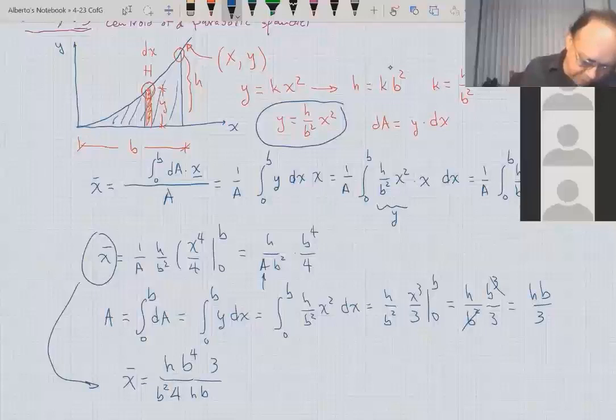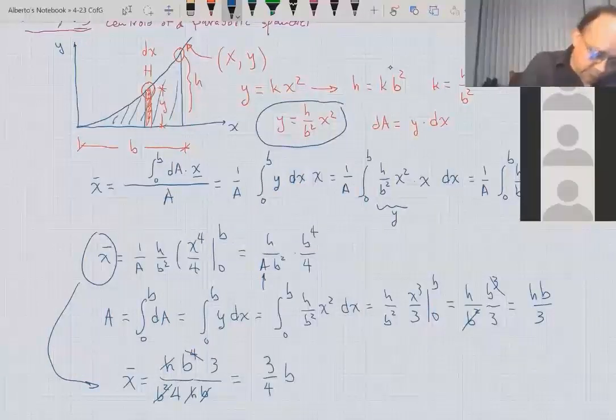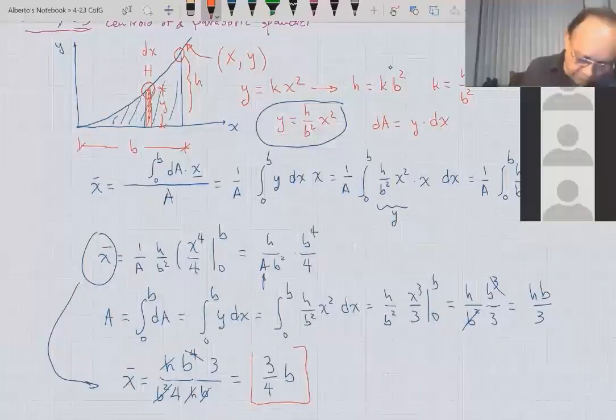So I have here h goes with h. I have 2 b's and 3 b's with 4 b's, so just 1 b survives. So I have 3/4 of b. So this is the location of the centroid of a parabolic spandrel. What does that mean?